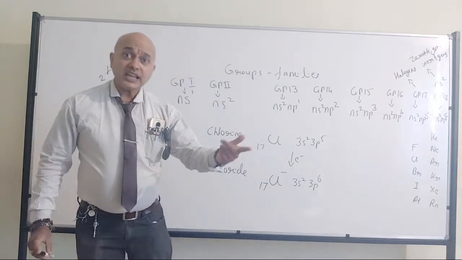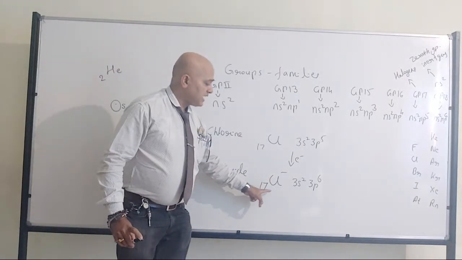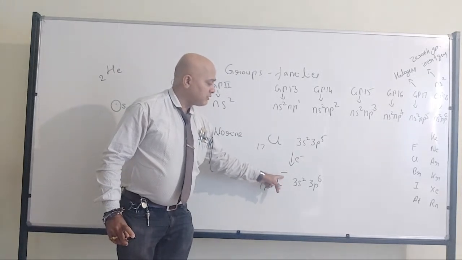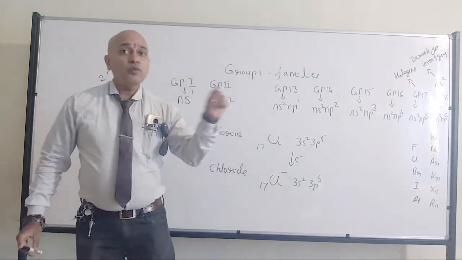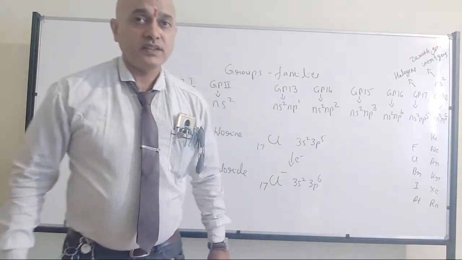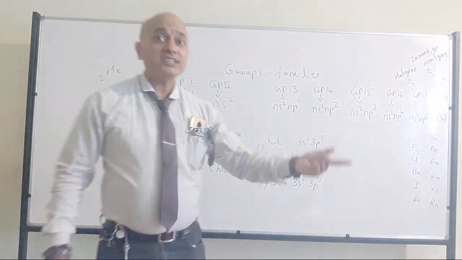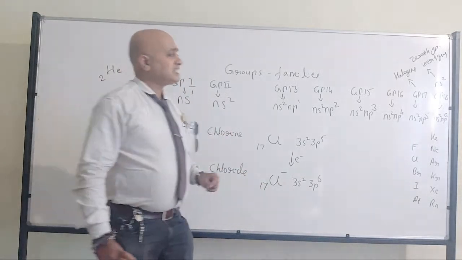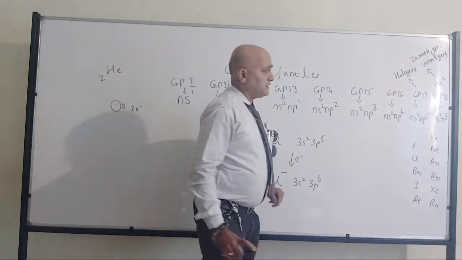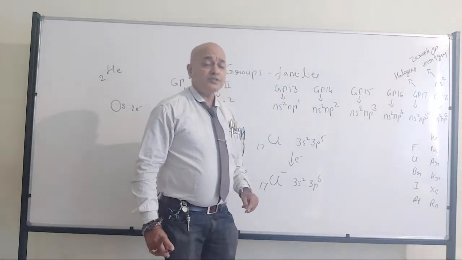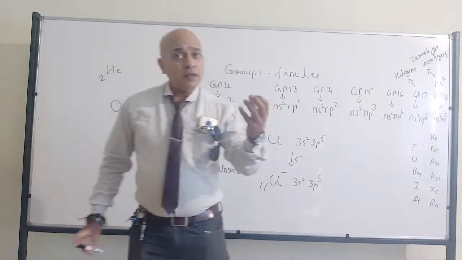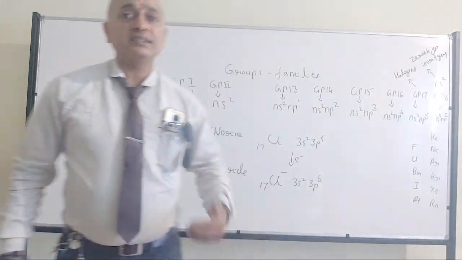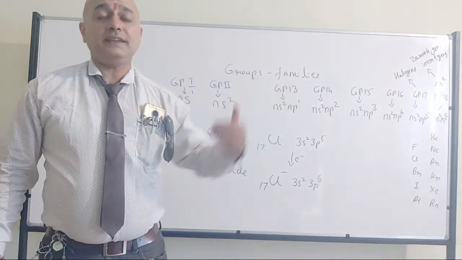Since one extra electron is there, we have 18 electrons, and that is mentioned as one negative charge, indicating one extra electron in chloride. Therefore, halogens, which can take up one electron, can easily become like a noble gas and attain this stability.